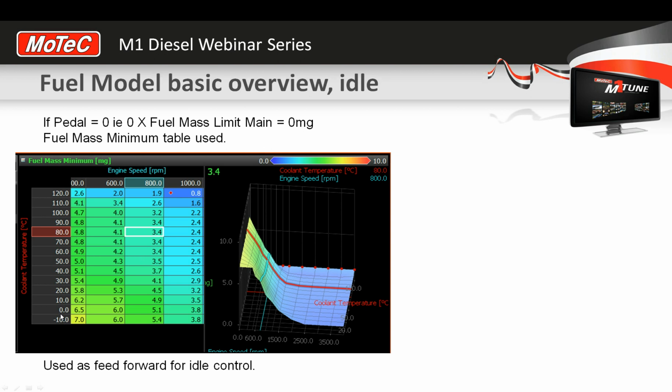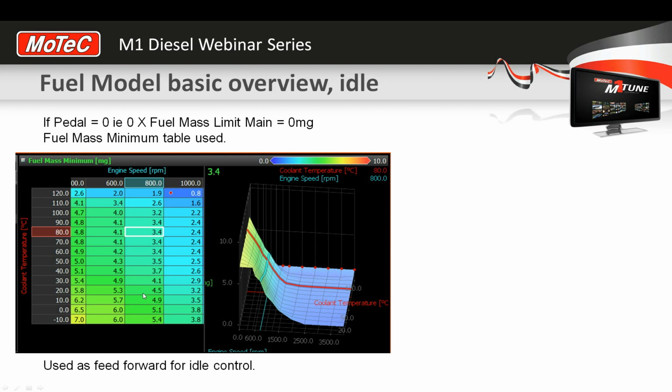In this case we have coolant temperature and engine speed, because if the engine's very, very cold, it'll require more fuel to idle. More fuel is a minimum amount. Now, this milligram number, fuel mass minimum in milligrams, is the number you would expect to use to have the engine provide its minimum speed, so at idle.